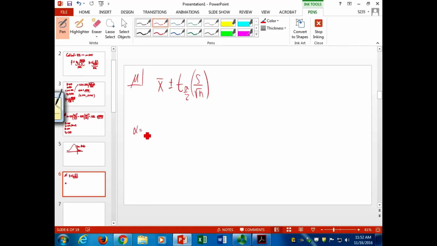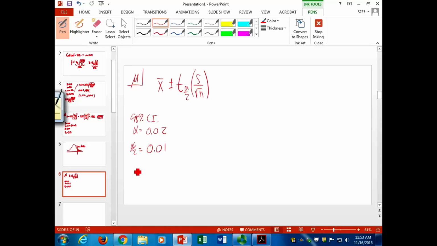So what is our alpha level here? They asked for a 98% confidence interval, so that would be an alpha level of 0.02, which means alpha over 2 would be 0.01.